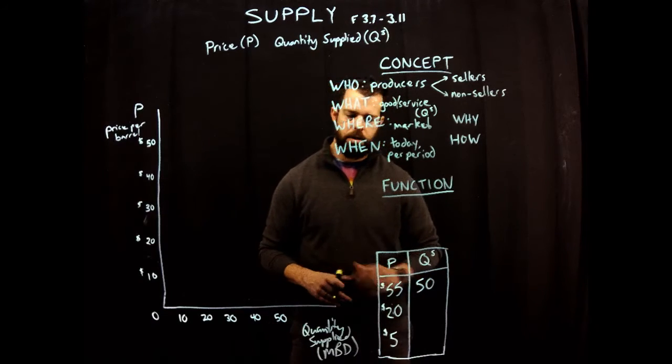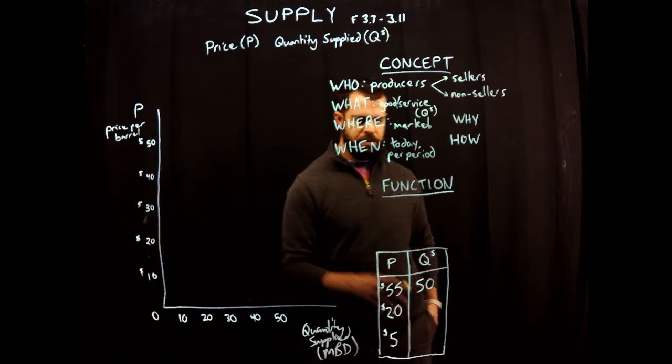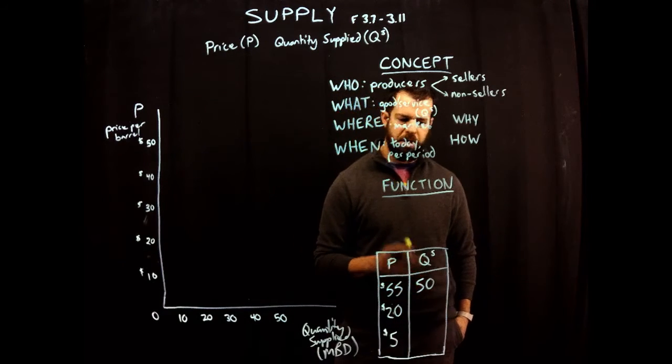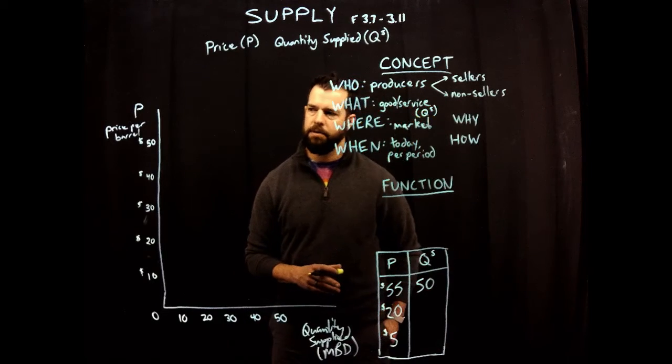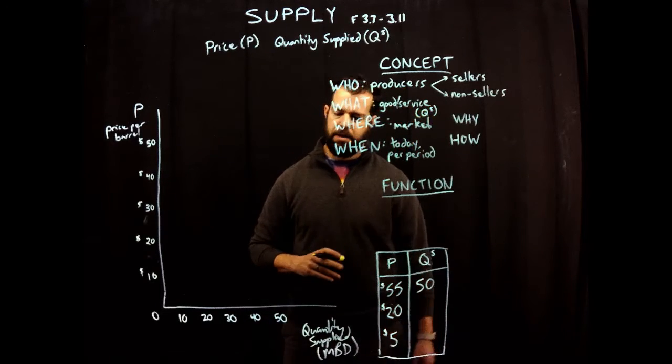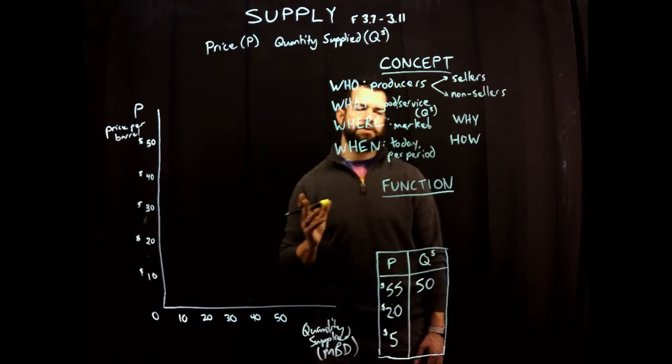I've started to plot out some of this supply curve here. We'll start from the top. Sellers like really high prices. Why would producers sell?